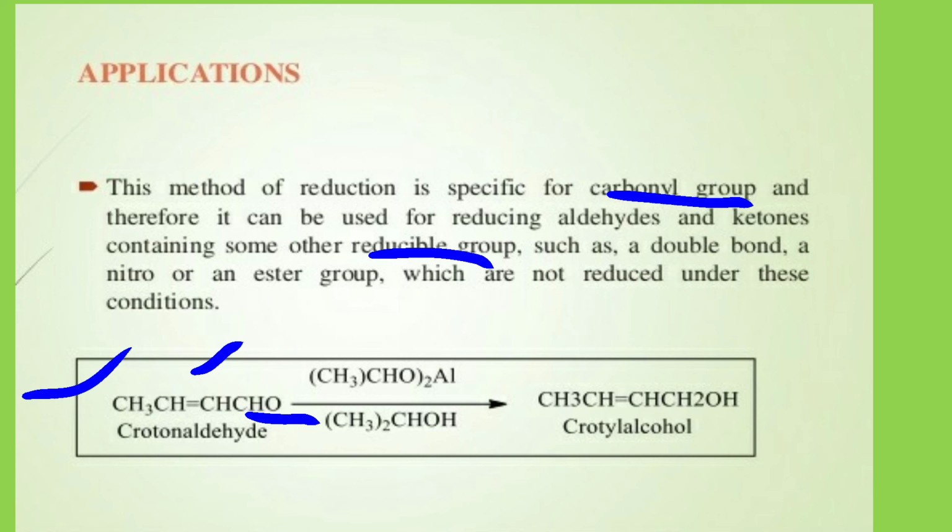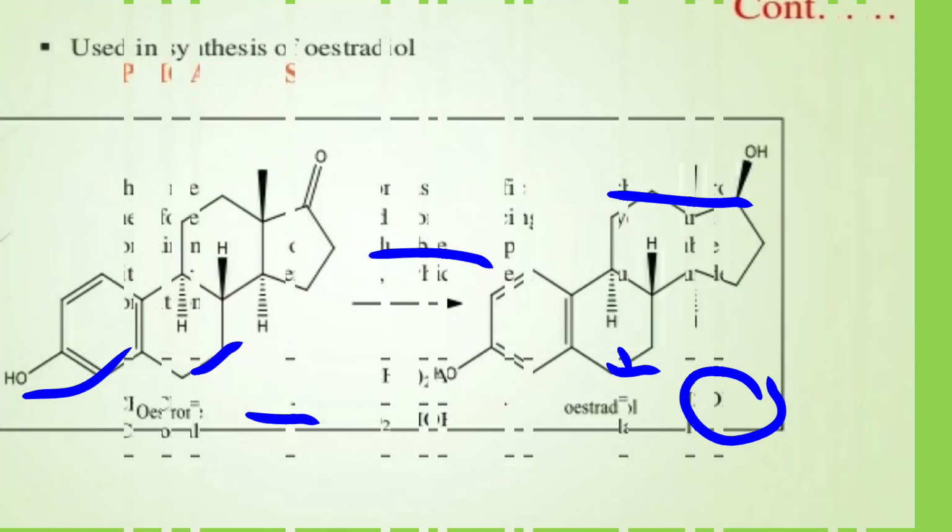That means the aldehyde gets converted to the alcohol and the double bond remains as it is. So the application is that this is very useful for conversion of only the aldehyde or ketone, not other reducible groups.